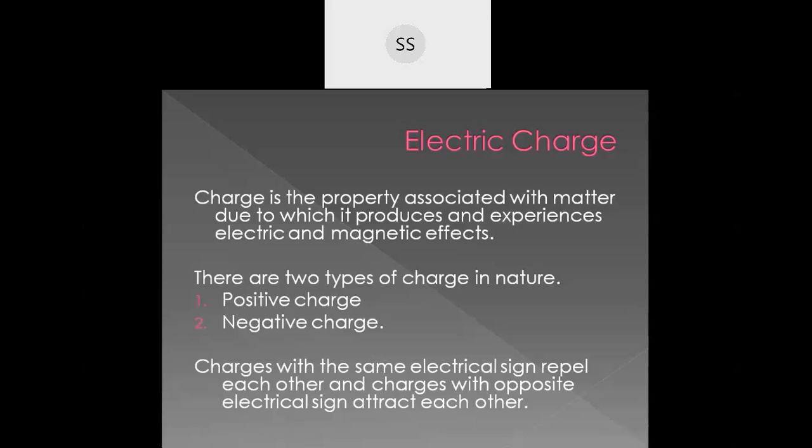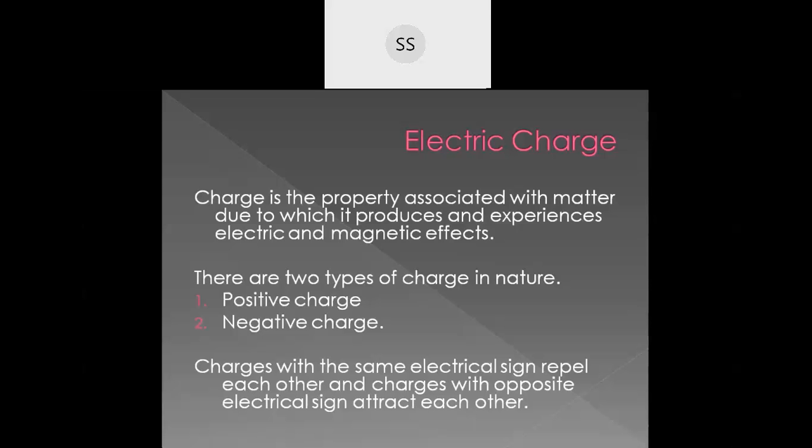We already know that in an atom, the protons and neutrons stay within the nucleus and the electrons revolve around the nucleus, right? So the positive charges, which are protons, stay inside the nucleus, and the negative charges, the electrons, revolve around the nucleus.